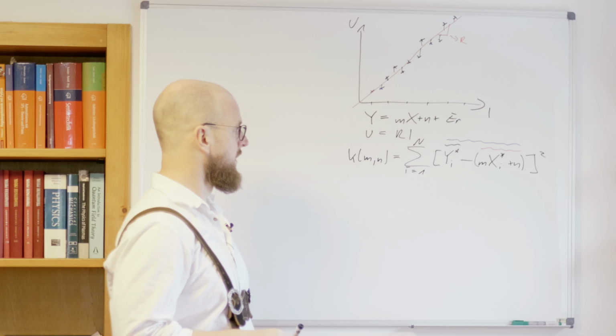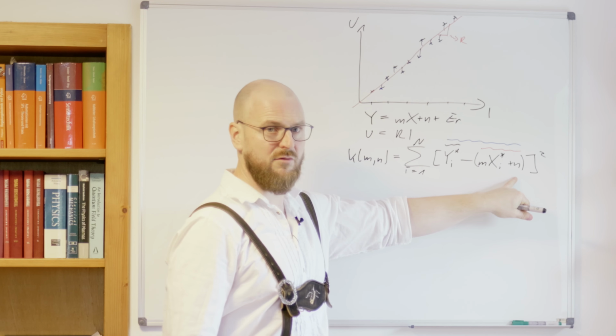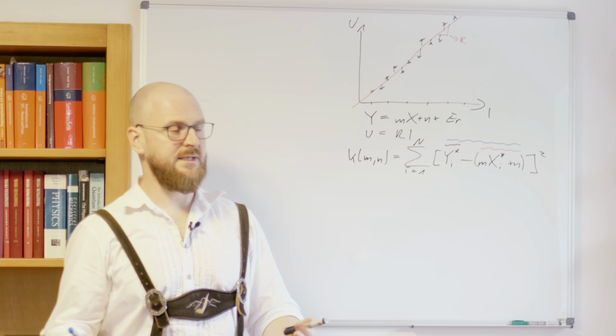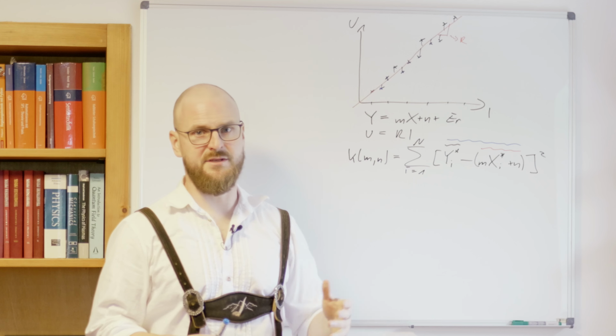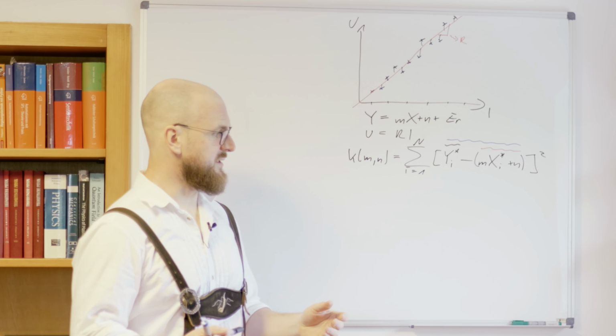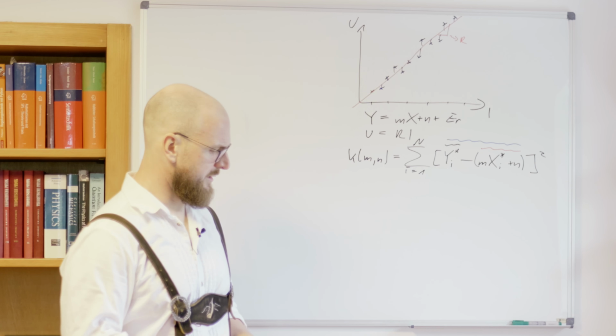Now, in the end, we are summing up over those differences, over those deviations, and square them. Why do we square them? It's the same question as I've discussed in part 1 of this chapter about the standard deviation, because it's a good thing to square it.